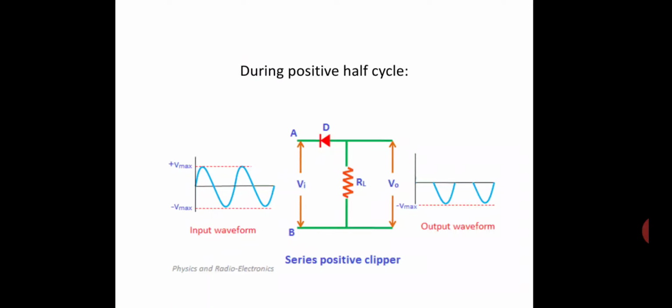In the diagram, the diode is in series and the resistor is in parallel. We take the output at RL, and Vi is the AC input voltage. The waveform shows the input as a sine wave: positive cycle, negative cycle, positive, again negative.